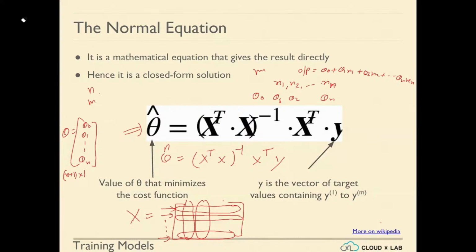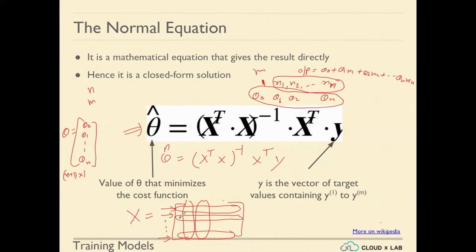As you can see, we have n features and n plus 1 unknowns. So we have to add one more feature, 1, so that we can accommodate theta 0, right?